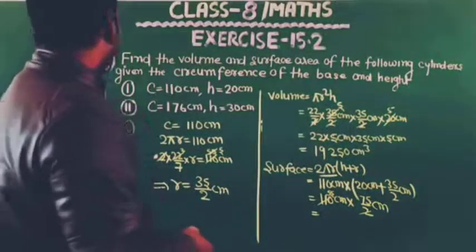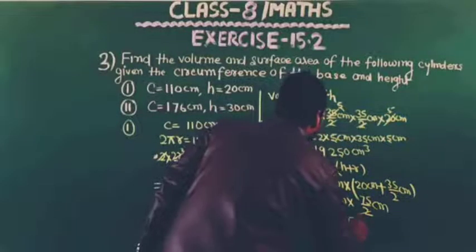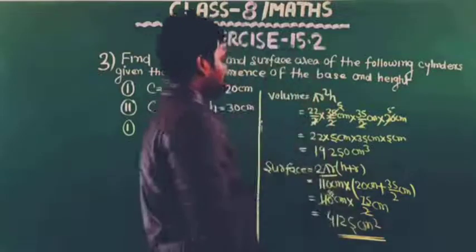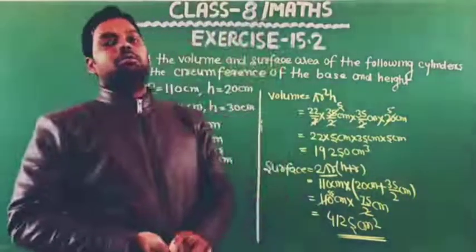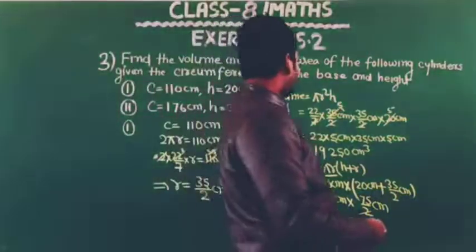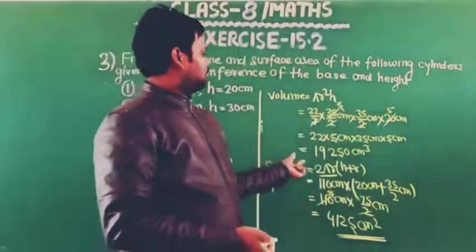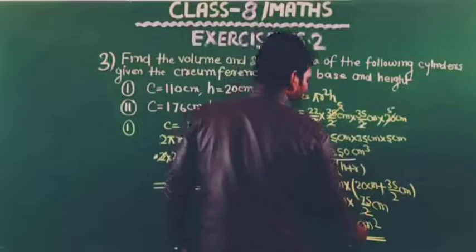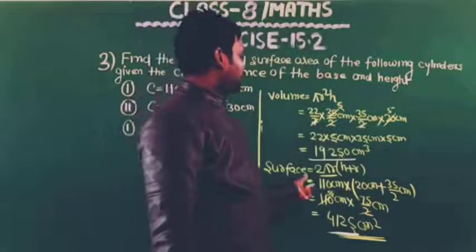So we will get 4125 centimeter square. This is the total surface area of the cylinder. So this is the volume and surface area of the cylinder that we had to calculate.